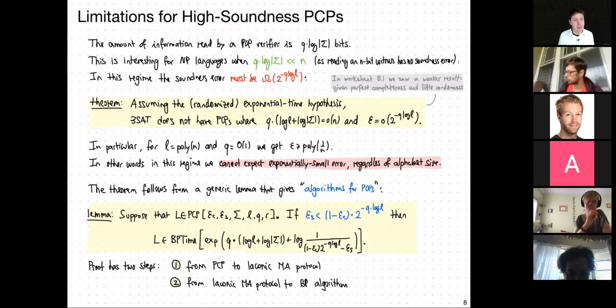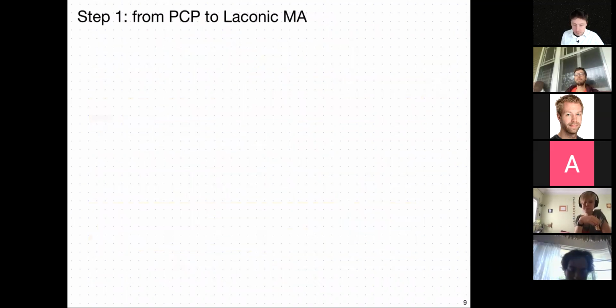Also, looking ahead, both for PCPs and for IOPs, achieving this lower bound remains, more generally than the sliding scale conjecture, perhaps one of the most exciting open questions right now: how do you construct things that achieve this for a general Q? Anyways, now we're going to go through each of these steps.